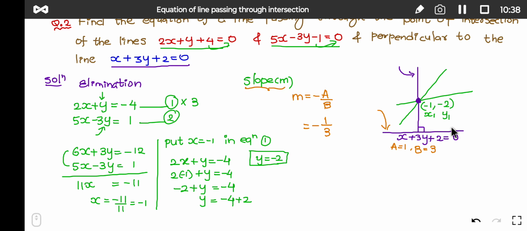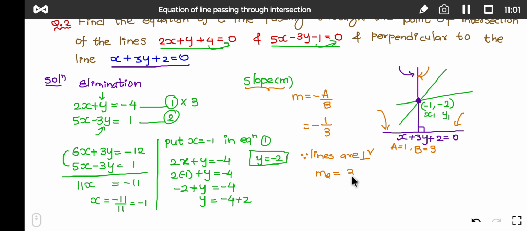But this is the slope of the line x plus 3y plus 2 is equal to 0, and we have to find the line which is perpendicular. Since the lines are perpendicular, the slope of the second line is the reciprocal of minus 1 by 3, which is 3 by 1, that is 3, and the minus sign changes, so minus becomes plus. So the slope of the perpendicular line is 3.